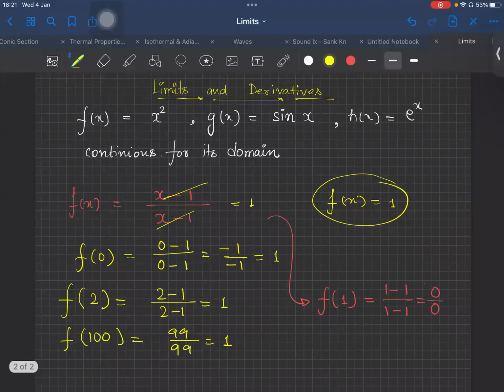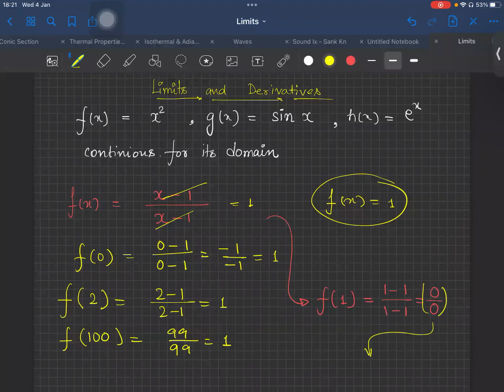It is not defined. Usually we represent it by the symbol infinity, but it's not actually infinity. It's just simply not defined. The function is not defined. Understood? That means this function is always 1 except when x is equal to 1.